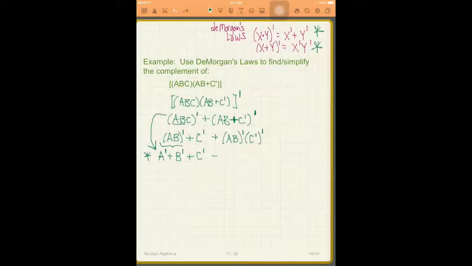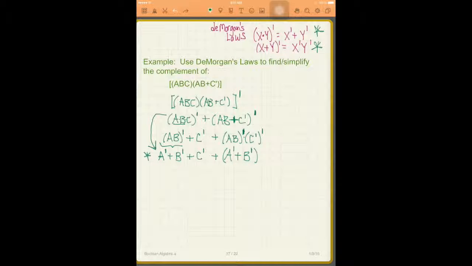Then I have the next part here. Remember, we haven't finished this A times B complement. The complement of the product is really the sum of the complements, A complement plus B complement. Now I do need parentheses around this grouping because it's getting multiplied by C complement complement.